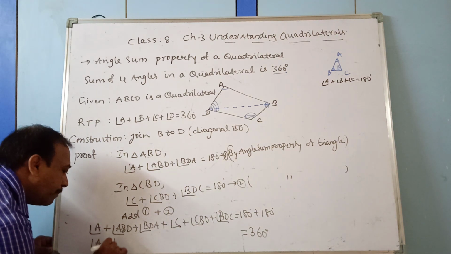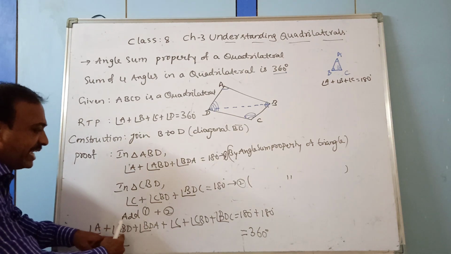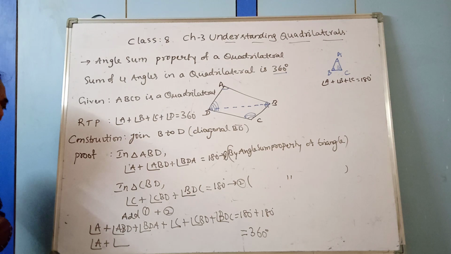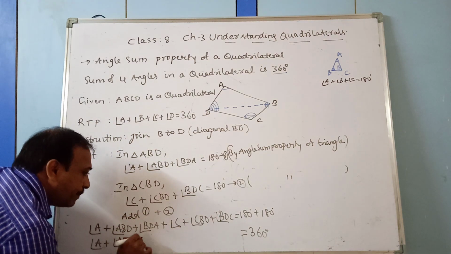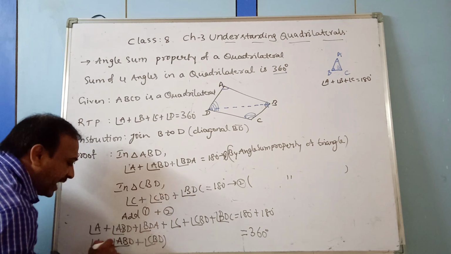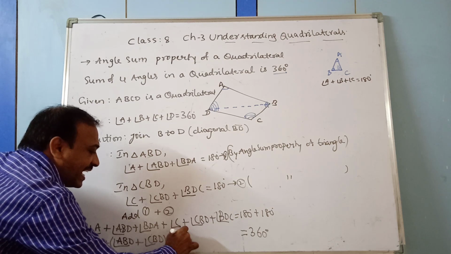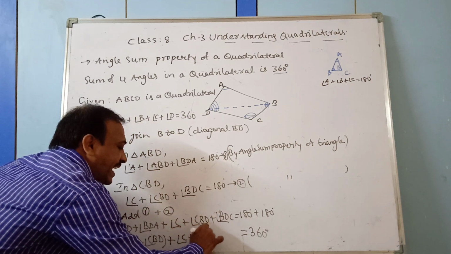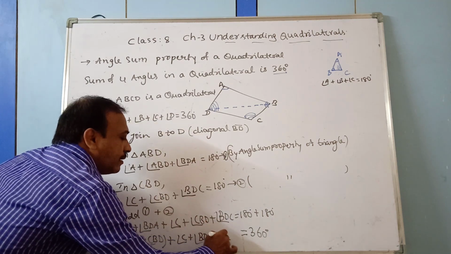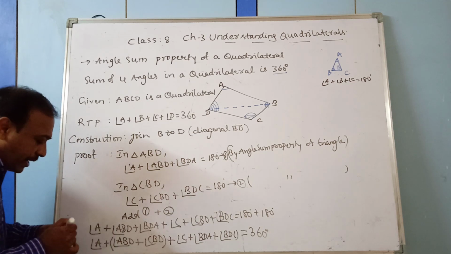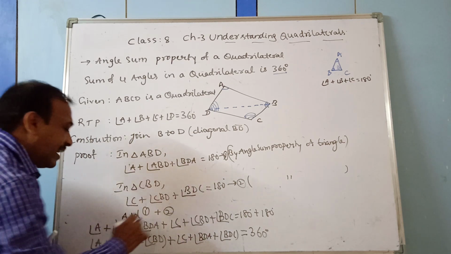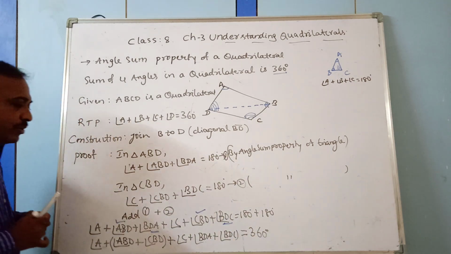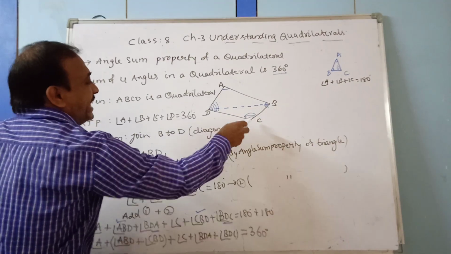I take together ABD plus CBD, which will give you angle B. Next, BDA plus BDC will give you angle D.